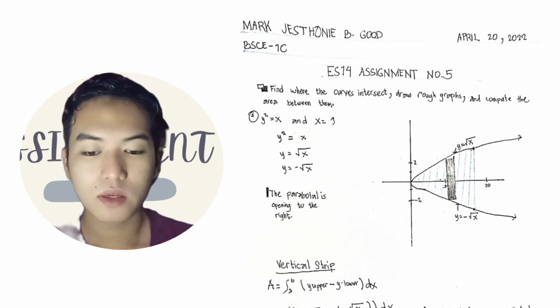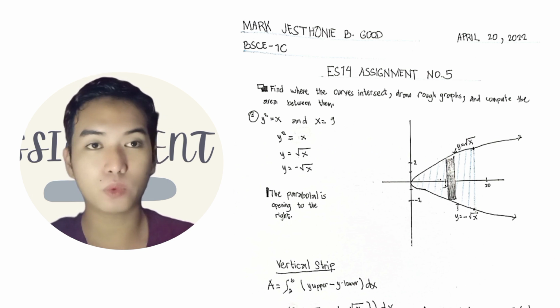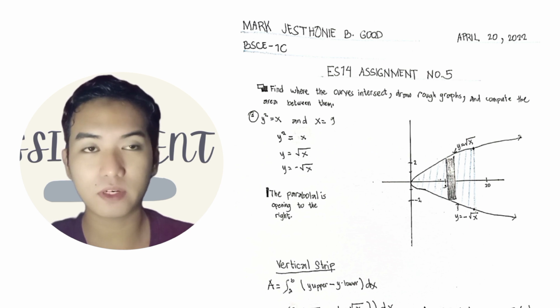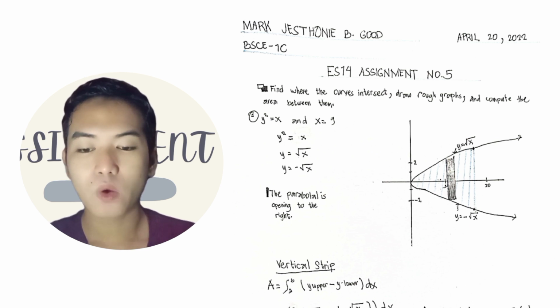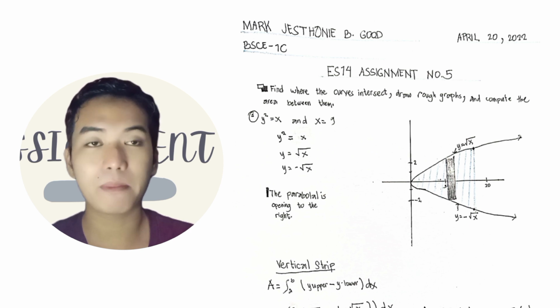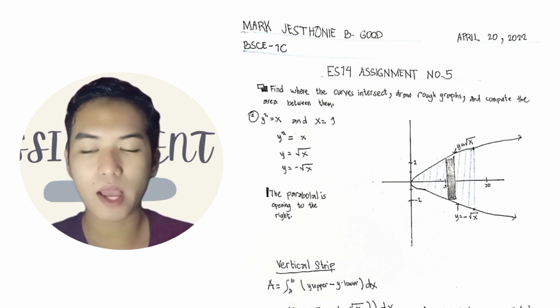In number one, I am given the following: y squared is equal to x and x is equal to 9. First, we have to find the vertices of this parabola. This is a parabola, by the way. So y squared is equal to x, so basically we have y equals plus or minus square root of x.